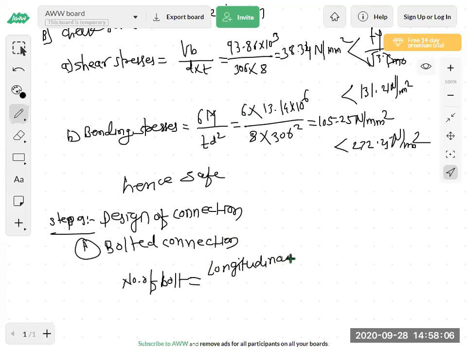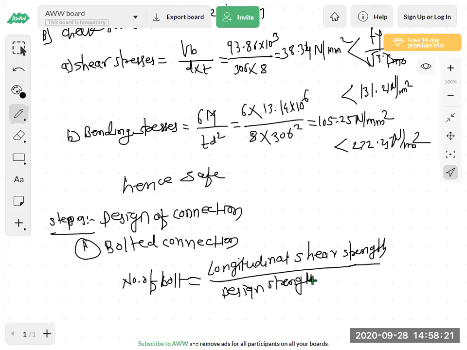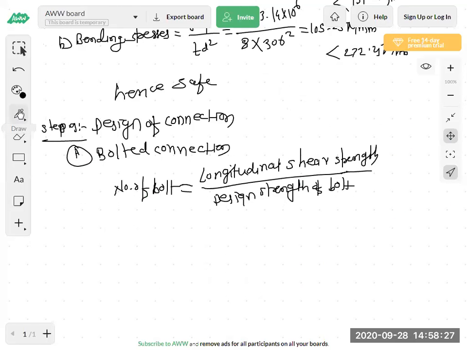longitudinal shear strength divided by design strength of bolt. Okay, so longitudinal shear strength we know, that is 93.98, correct.